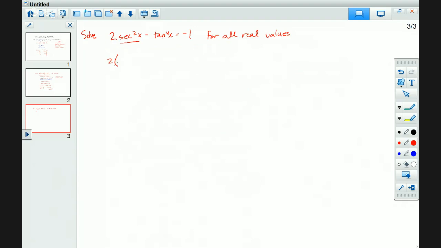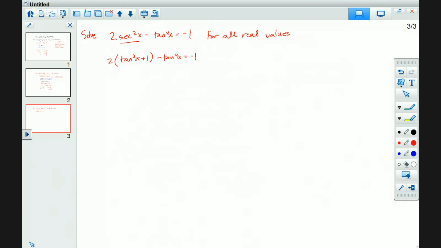Plus 1. Like that? You said plus, right? Is that right? Okay, so I've substituted an identity. Now everything's in tangent. It makes things a lot easier.